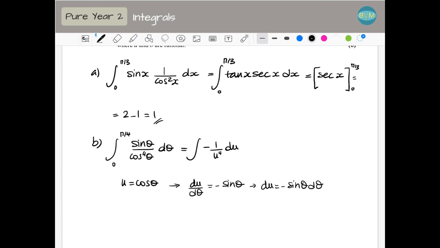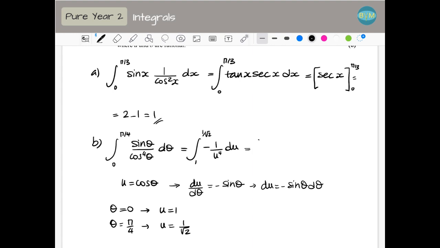When theta is 0, u is going to be cos of 0, which is 1. And when theta is pi quarters, u is going to be cos of pi quarters, which is 1 over root 2. So my limits are going to be 1 and 1 over root 2, or root 2 over 2.